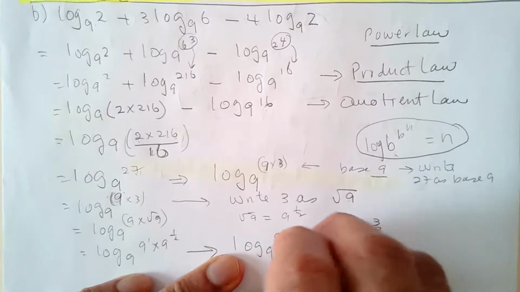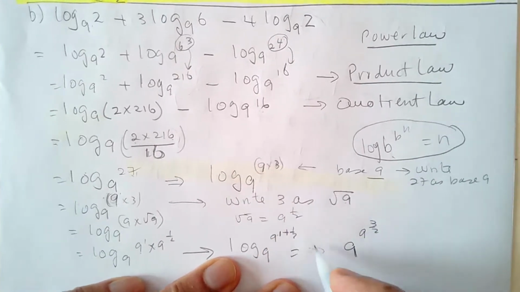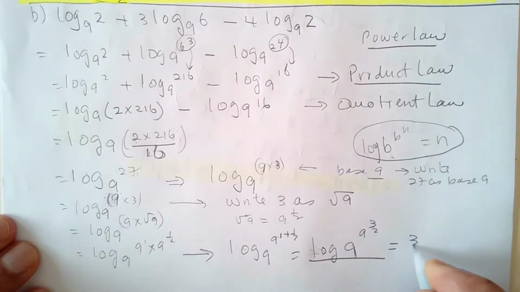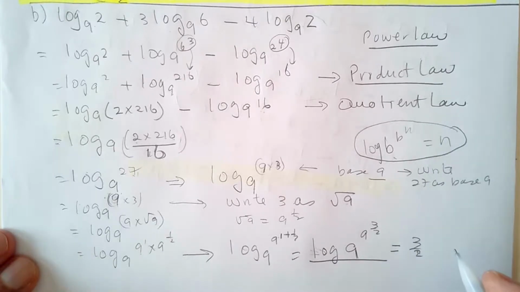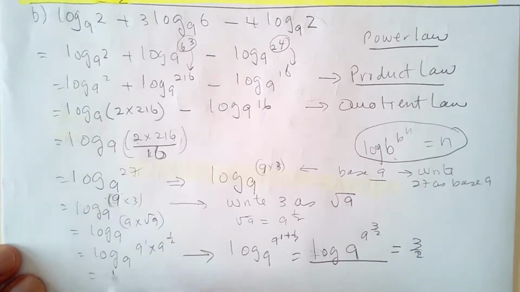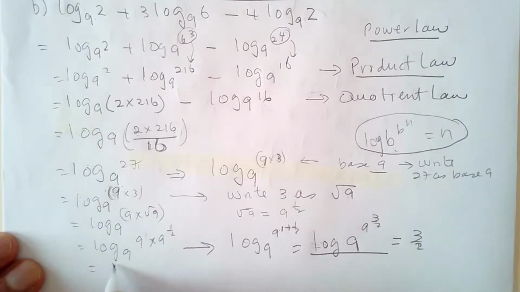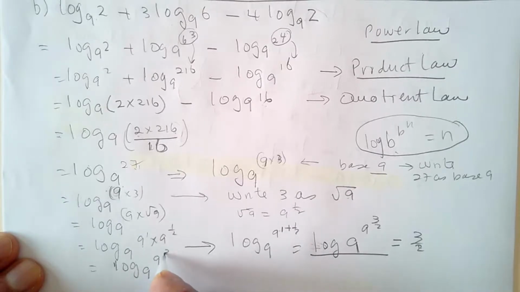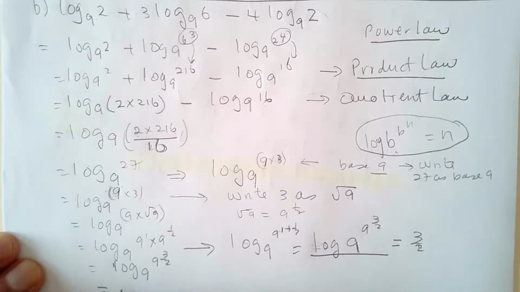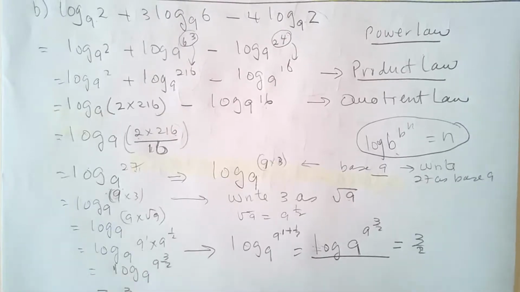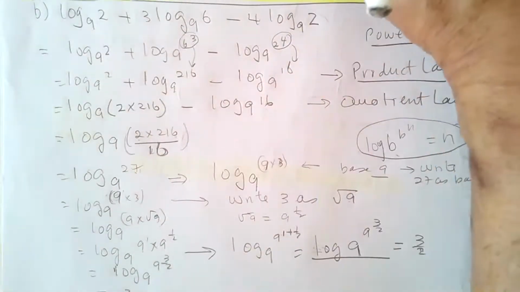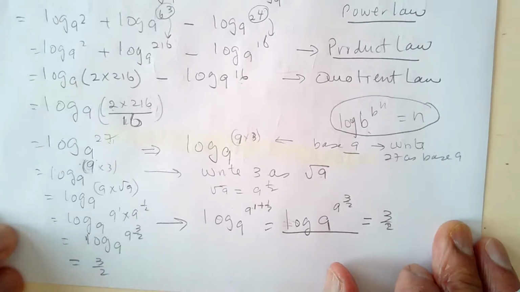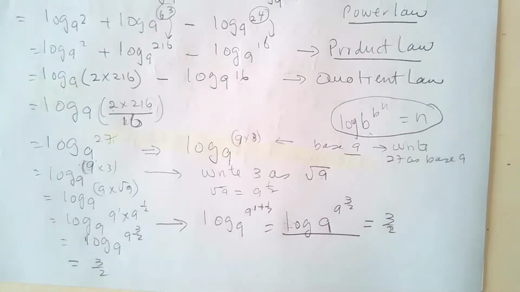Oops, I have to write my log in here. Which is equal to 3 over 2. So my final answer, log 9 of 9 to the 3 over 2 is equal to 3 over 2. So final answer is 3 over 2.